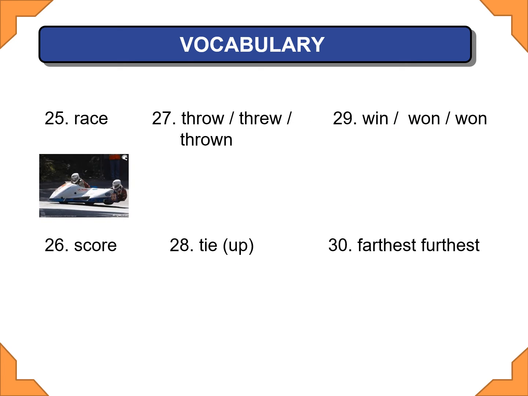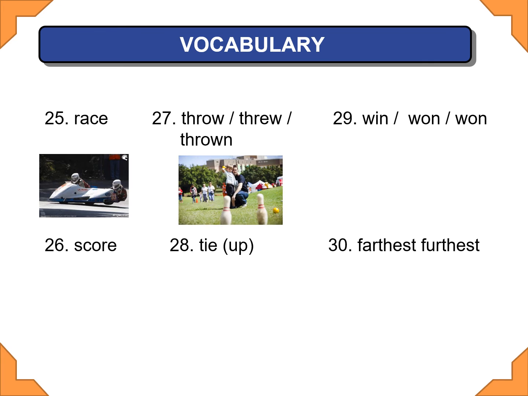Race. Race is a competition. It's a noun and a verb too. Throw, threw, thrown. Repeat. Throw, threw, thrown. As you can see, it's an irregular verb too. And this is an irregular verb, of course, and we know that because the past tense is not formed by using -ed.